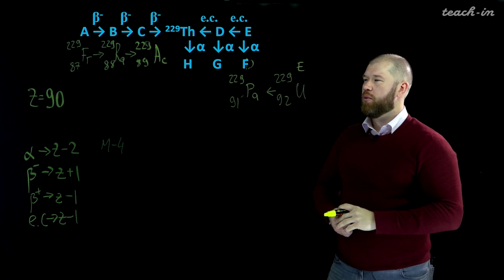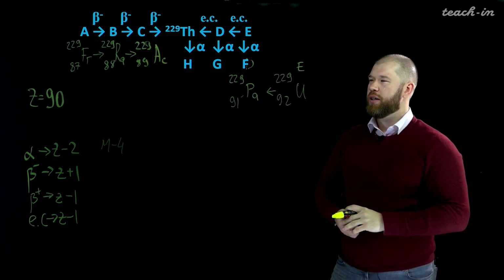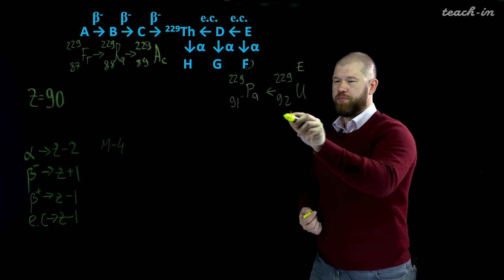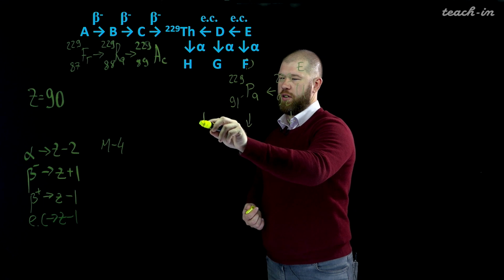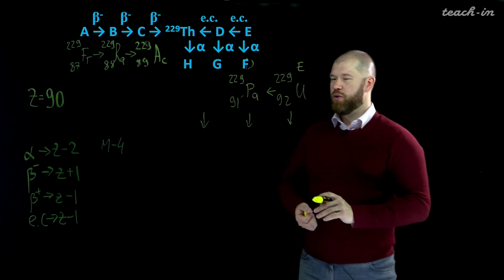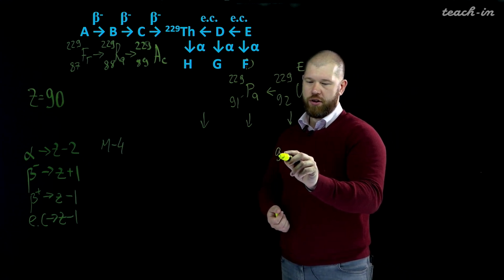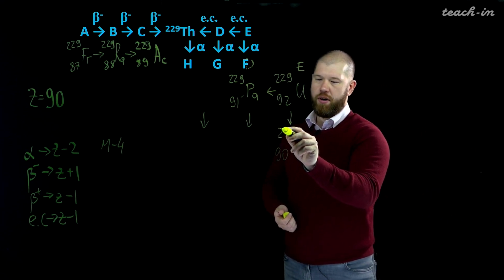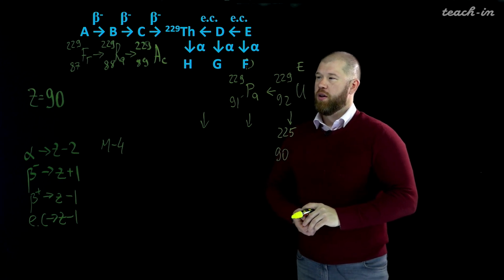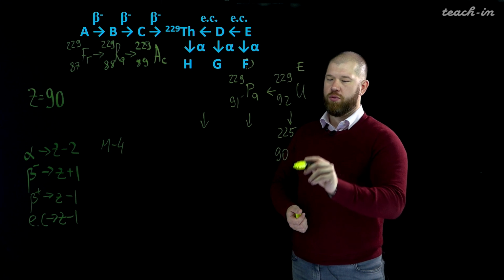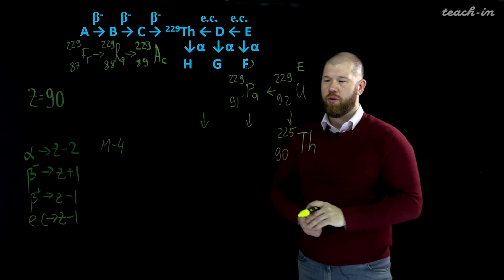And now we should understand what is F, G, and H. We know that it is alpha decay, so we should decrease the charge by 2 and the mass by 4. And we already know that number 90 corresponds to thorium, so it's thorium.